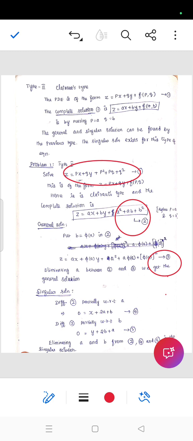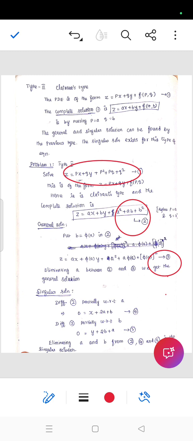Eliminating a and b between equation 4, equation 5 and equation 2, we will get the singular solution. That is, there will be no arbitrary constants, no arbitrary functions in the singular solution. Then it is called the singular solution. Okay. So let us move to the next problem.